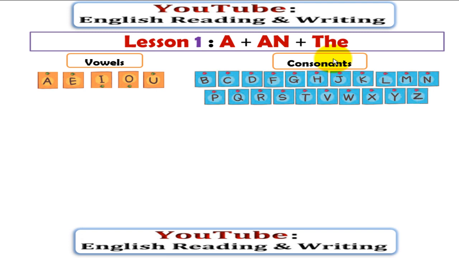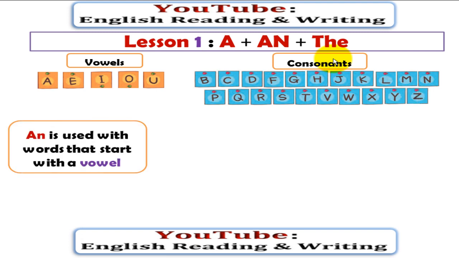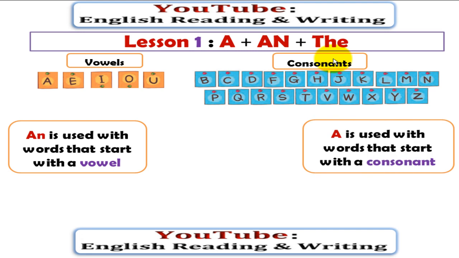An is used with words that start with a vowel. So whenever there is a word that starts with a vowel, we should use an. A is used with words that start with a consonant. But there are exceptions in English.